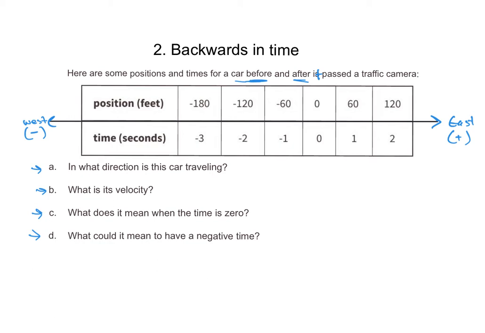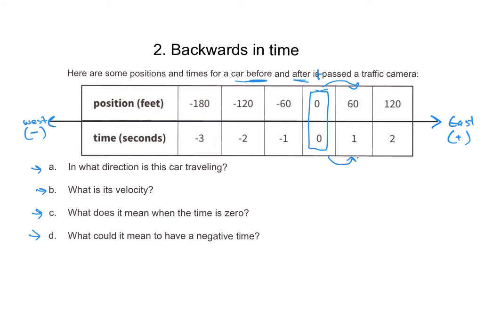And we can see that that's pretty true with these numbers. All right, so let's figure out what direction this car is traveling in. I'm always going to use this beautiful reference point 0 to see that as time passes, what's happening to our car? Well, we can see here that when time increases by 1, the position of our car increases by 60.